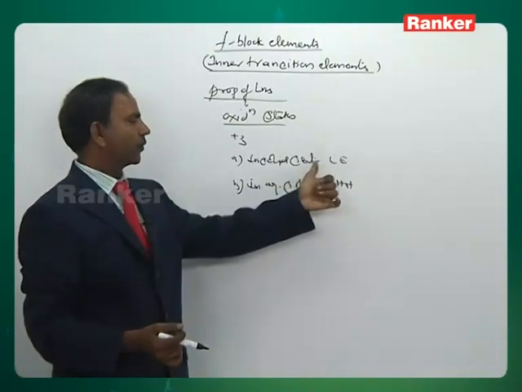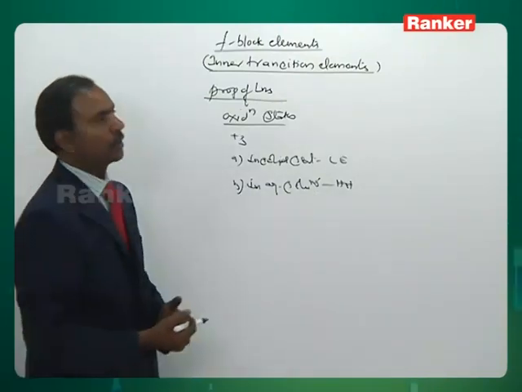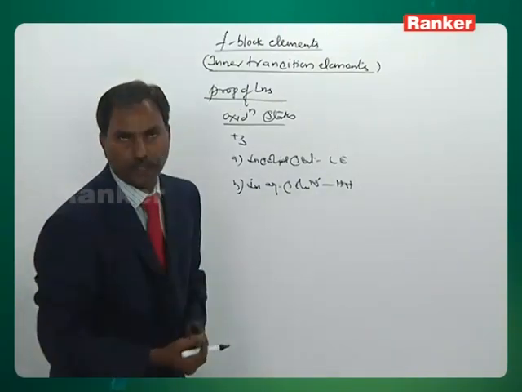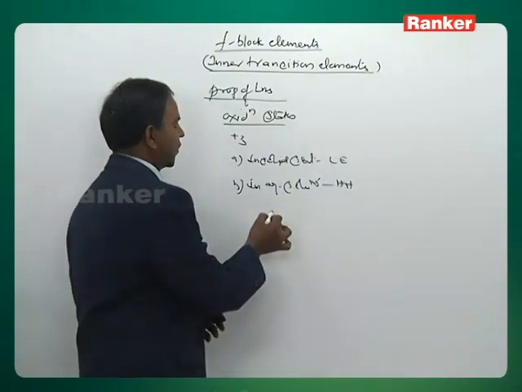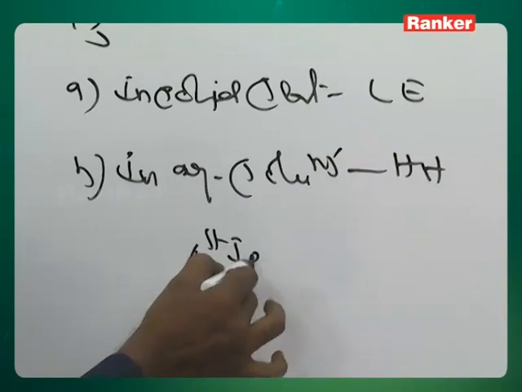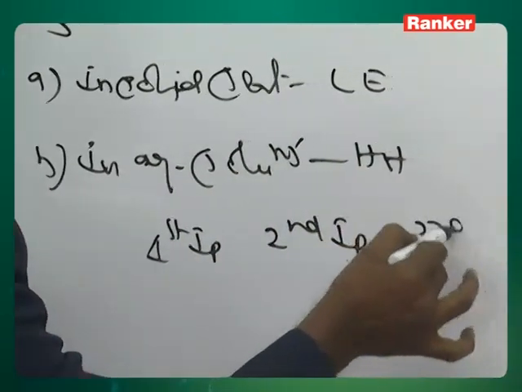In the solid state the lattice energies, and in aqueous solutions the heat of hydration values, these two are much more compensating the first 3 IP values. That means the first IP, second IP, and third IP.